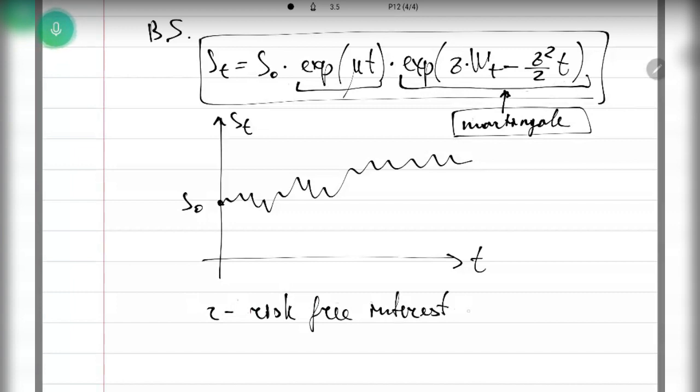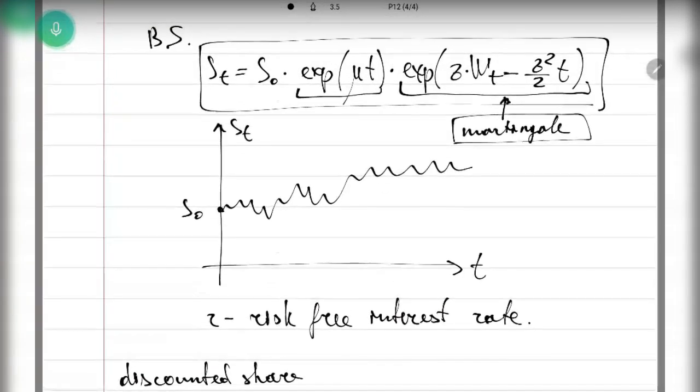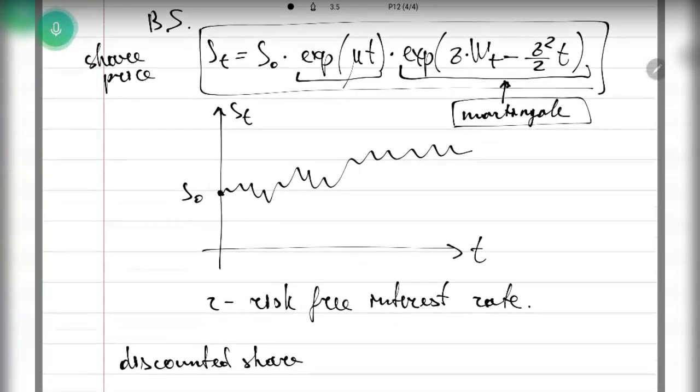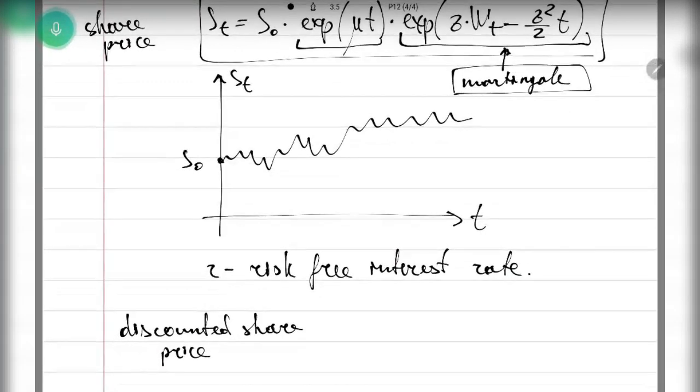If I consider the discounted share price, let's say M_t is S_t divided by exponent of R t.